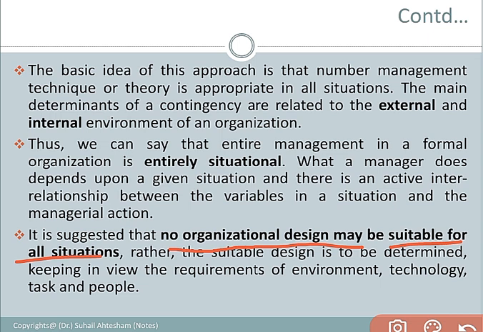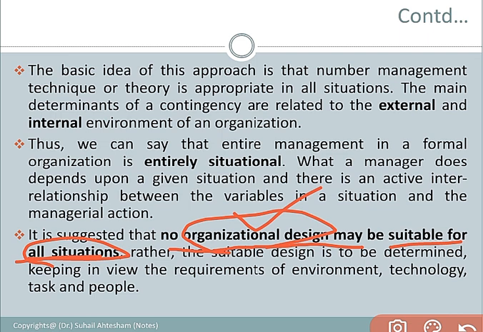For different barriers in the formal organization, there must be a different type of process and a different type of planning, implemented by the specialized manager for solving that particular problem. So there must be a different organizational design according to the situation, right?